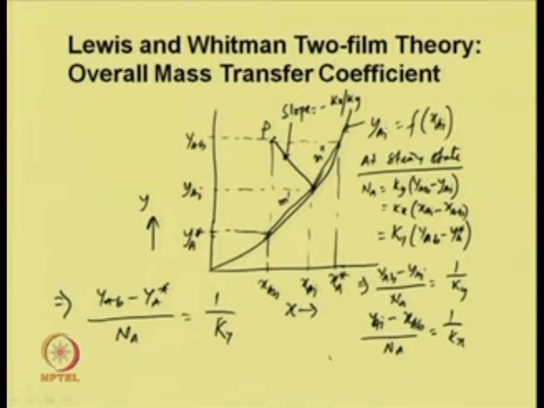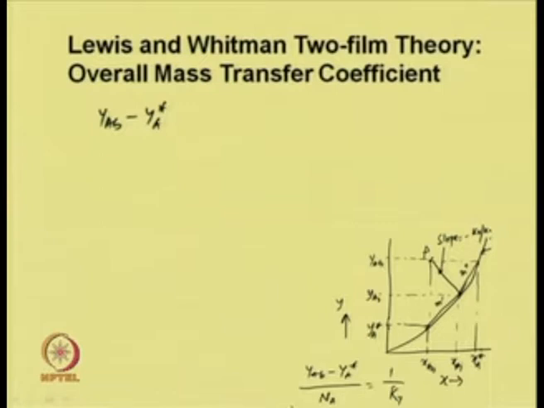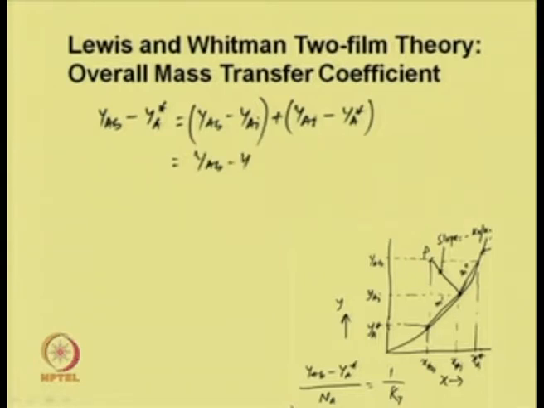Now, from this figure we can write y_Ab minus y_A star as the sum of y_Ab minus y_AI plus y_AI minus y_A star.